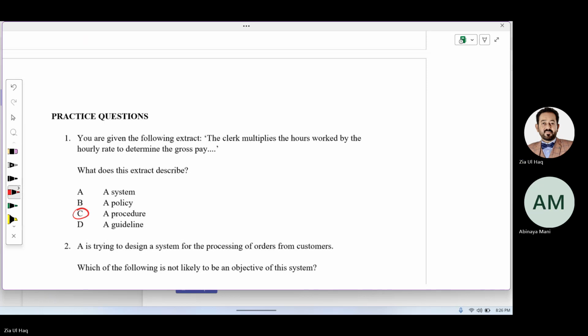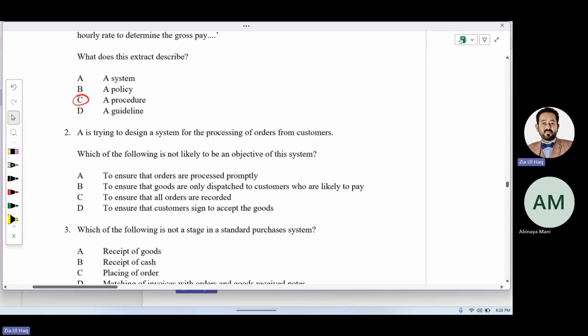Procedure. Number two, A is trying to design a system for the processing of orders from customers. Sales system, purchase system. Sales system. Which of the following is not likely to be an objective of this system? To ensure that orders are processed promptly.